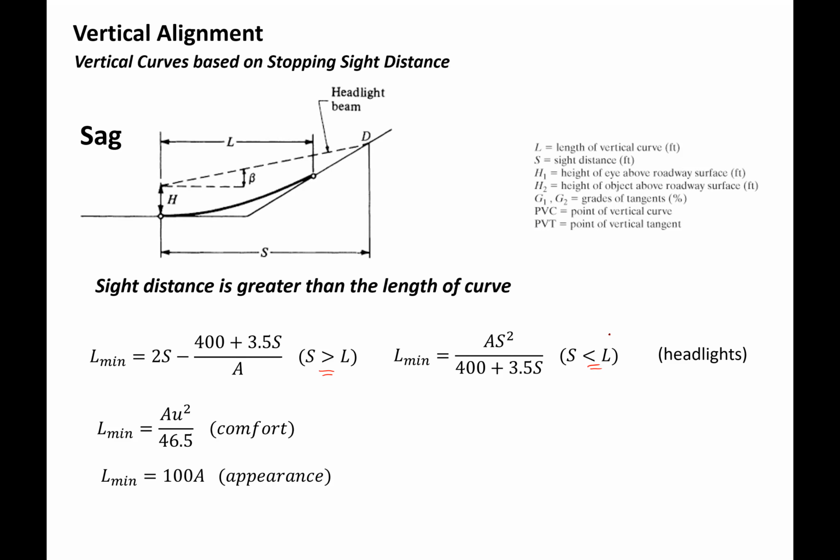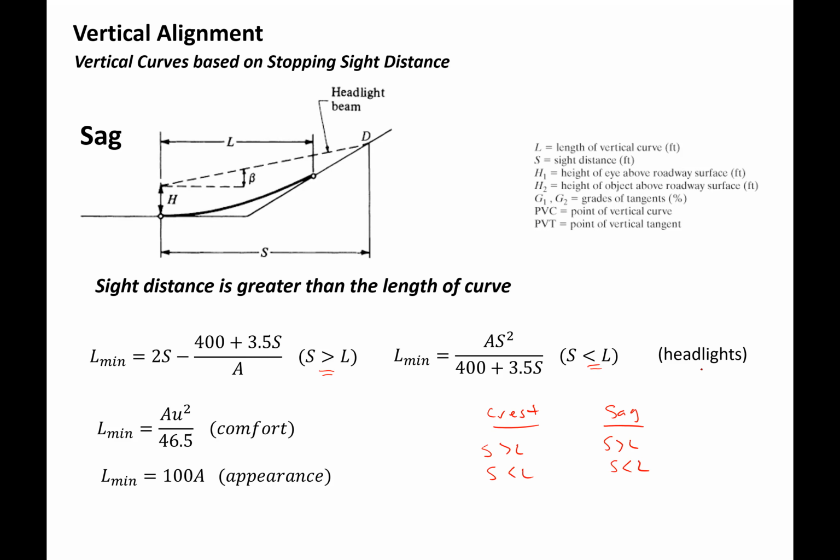So one thing to note here, and you might remember this piece of advice from intro, is that we have 2 initial conditions for crest and sag. So we have S greater than L and S less than L for each, basically 4 equations.